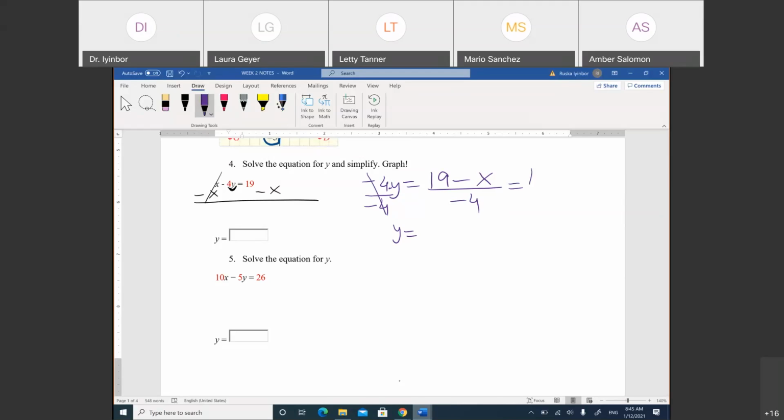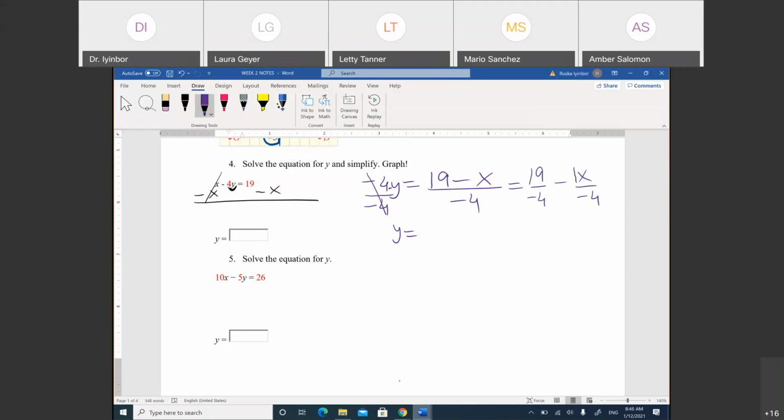You can write it the same way, like 19 over negative 4 minus x over negative 4, right? You split it. And then you reduce it. See, this is an invisible negative 1x.